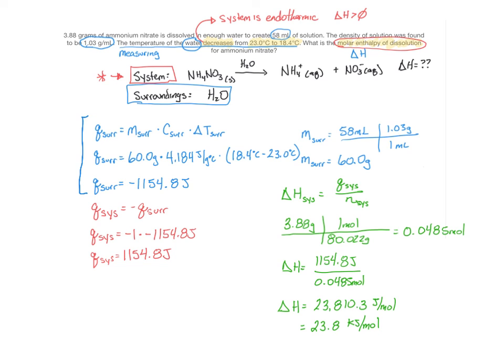In this example, it was Q of the surroundings. After I have one of the Q's, I use the first law of thermodynamics to be able to find the other Q. And then I use that information to answer the question.